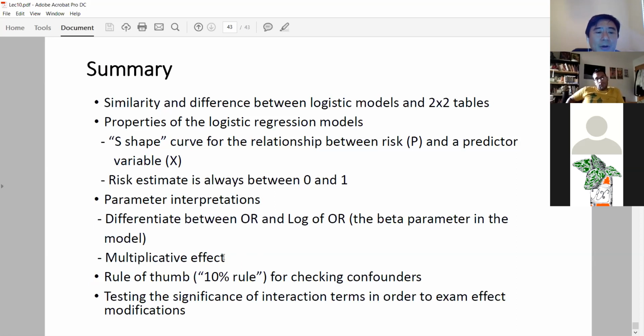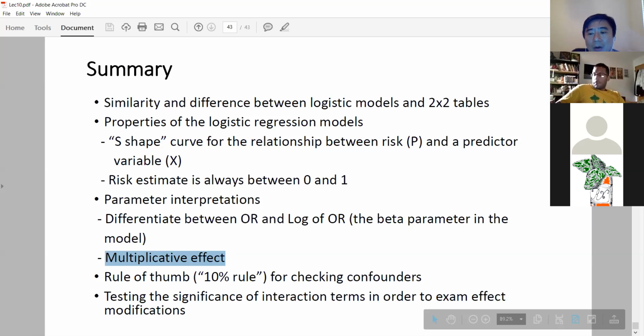For the binary variable, it is the odds ratio comparing the other level with the reference level. You need to know that the interpretation on the exponential scale is multiplicative, not additive anymore. Even though you have a linear model on the right-hand side with additive effects of all the predictor variables, it's not interpreted that way.